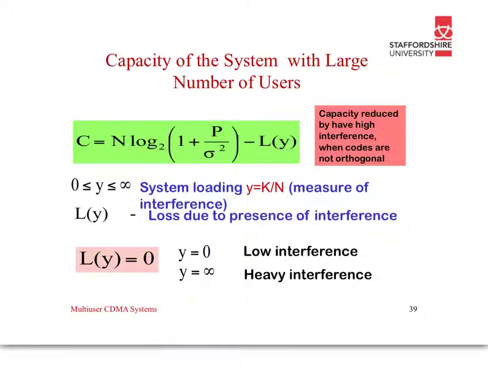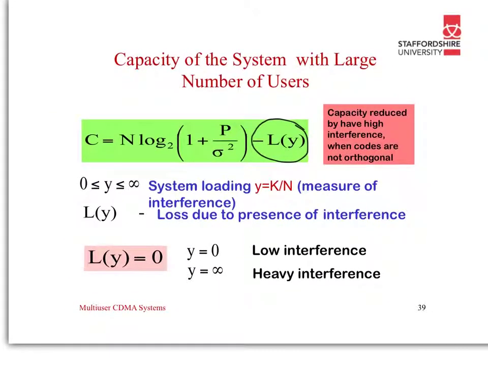When we have a very large number of users, we've said there's not really a limit, but the capacity is reduced when we have high interference. This is caused when the codes are not quite orthogonal or semi-orthogonal. I've explained why we can't always use orthogonal. The capacity is reduced by this L of Y. When interference is very low, Y equals 0, so L of Y is 0 and the capacity isn't affected because nothing is taken off.